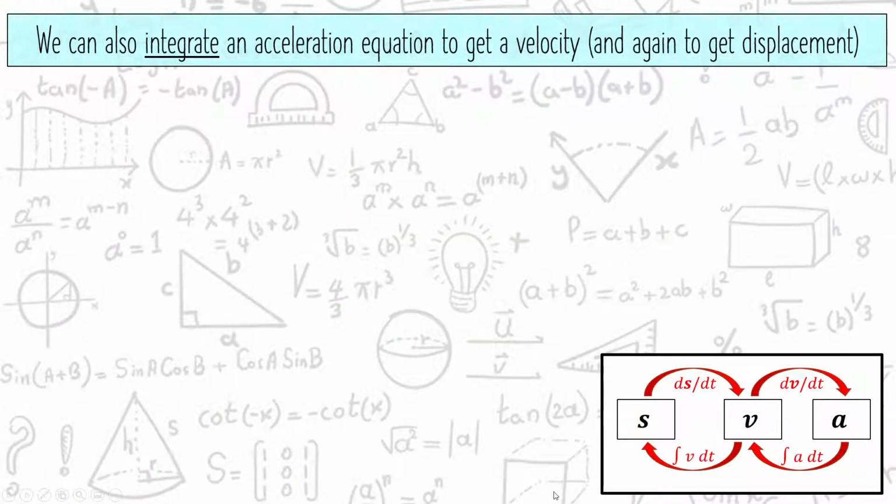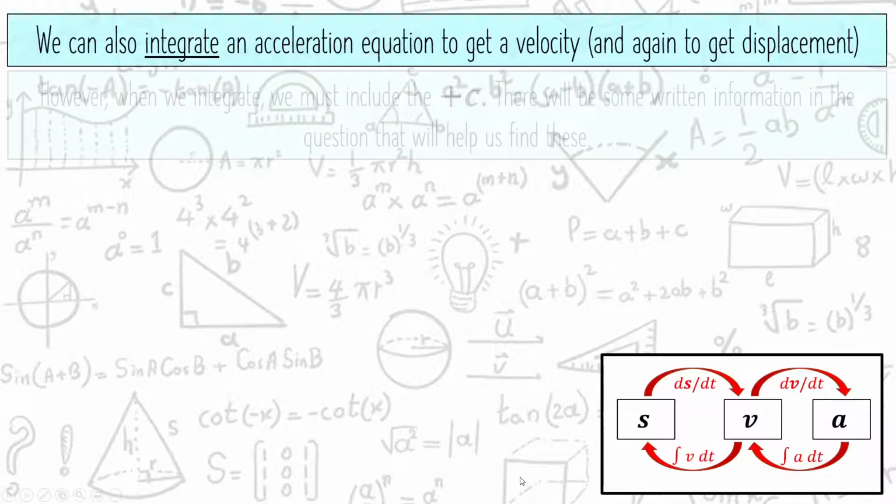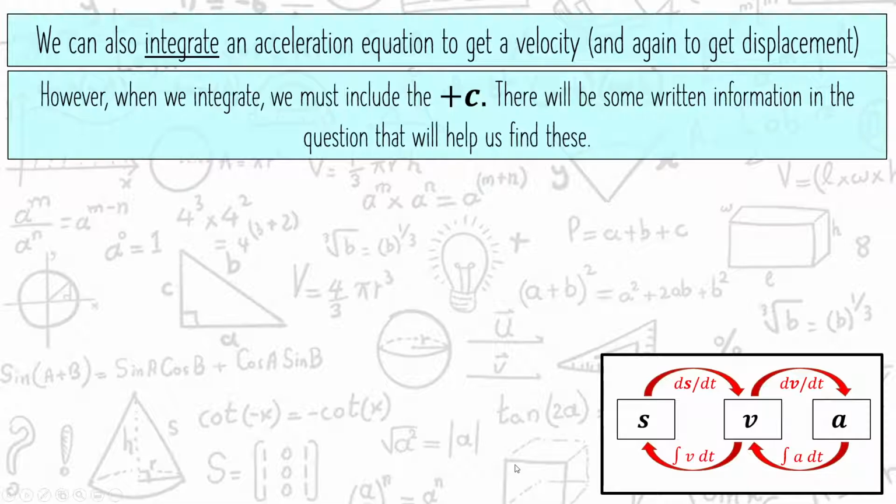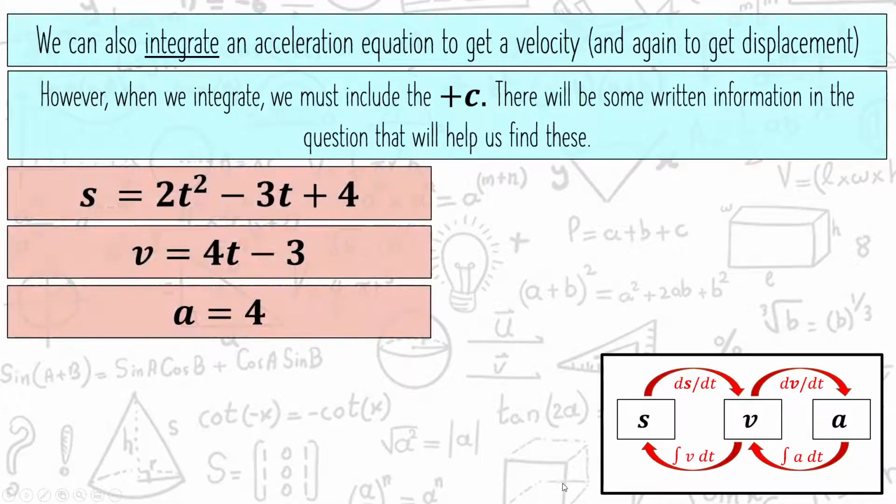We can also integrate an acceleration equation to get a velocity, and again to get displacement. However, when we integrate, we need to remember the plus c. In these questions, there's going to be some written information that will help us find the value of these constants. So here's the example that we had just now. We differentiated s twice, once to get the velocity, once to get the acceleration.